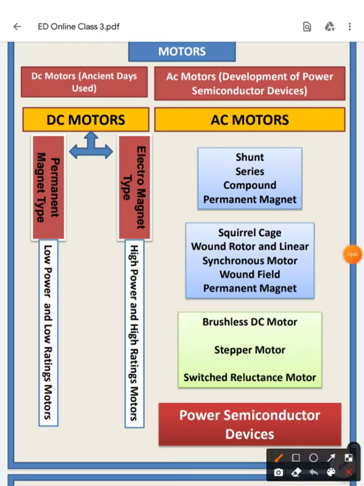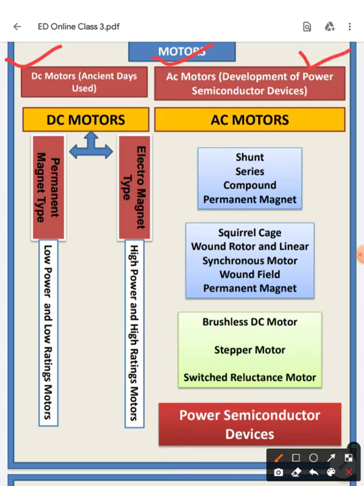Now, DC motors are not generally used now because of the availability of AC motors, and we know that AC motors have less cost, are more robust as compared to DC motors, and the maintenance cost is also less in the case of AC motors. But the limitation of the AC motor is that for speed regulation, the DC motor is the best one. For speed regulation of the AC motor, we need to go for these power semiconductor devices.